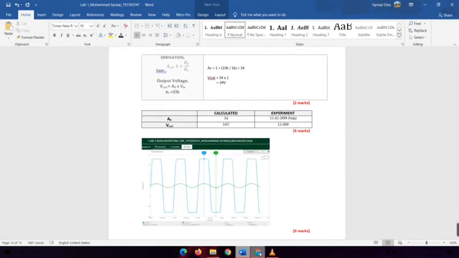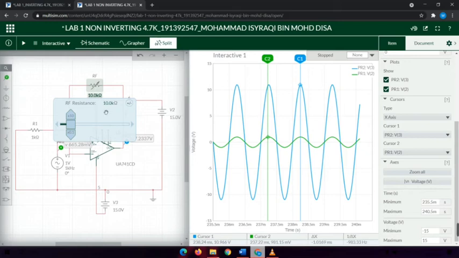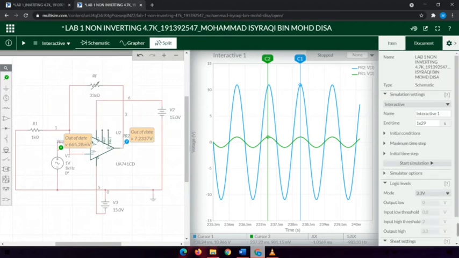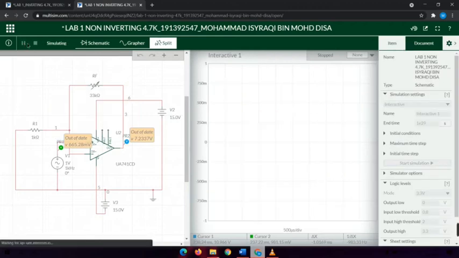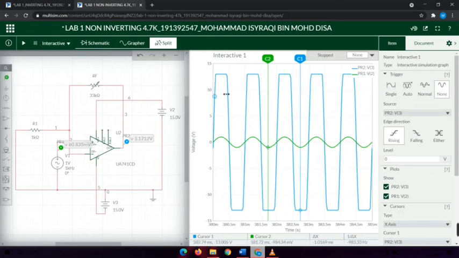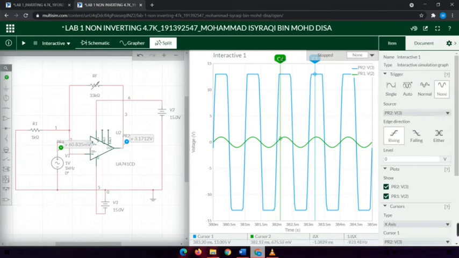And for the third value of the non-inverting amplifier, we are using 33 kilo ohm. Going to simulate it. Here we can see there is clipping, the same as the inverting amplifier.